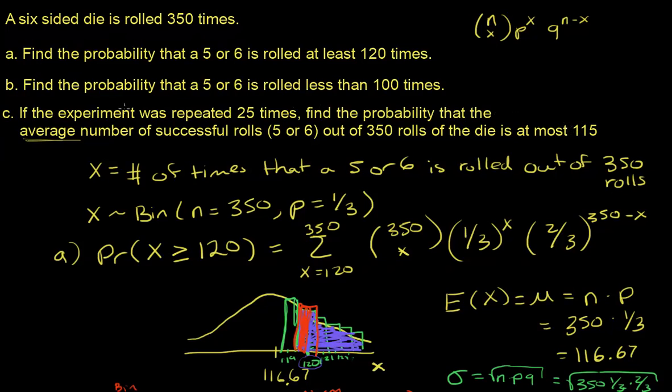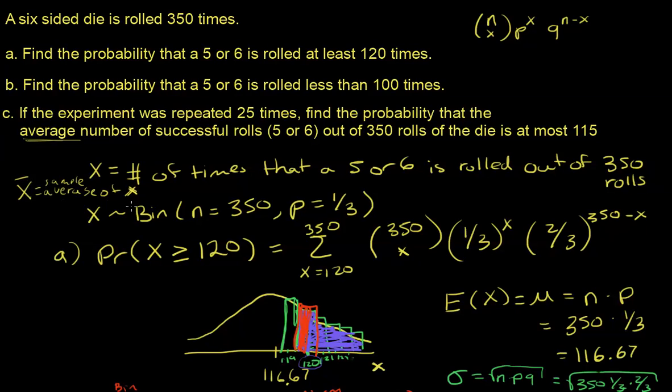So we want to find the probability of the average. Remember, the average would be x bar, the sample average of x, where the number of samples is 25.